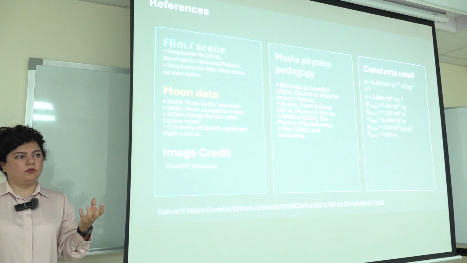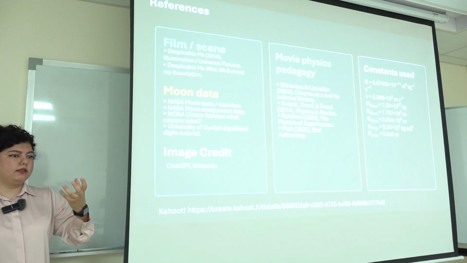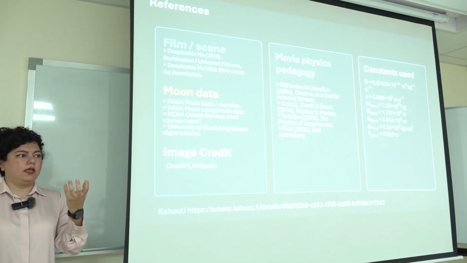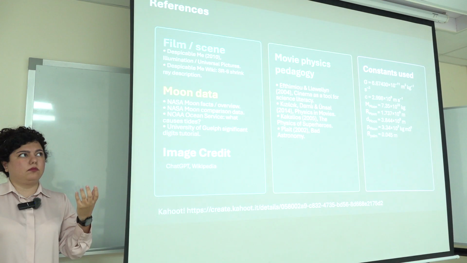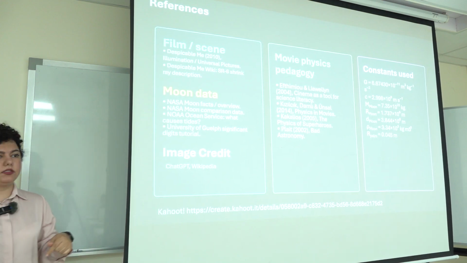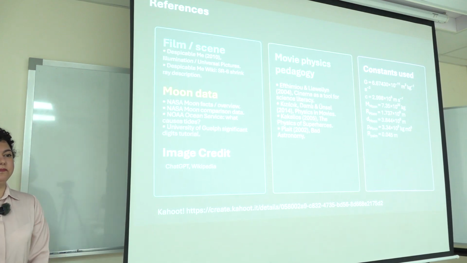If the moon disappeared, this wobble is going to disappear, and the current tilt may be changed, and it can affect the seasons and the climate of the Earth in the long term. Okay.